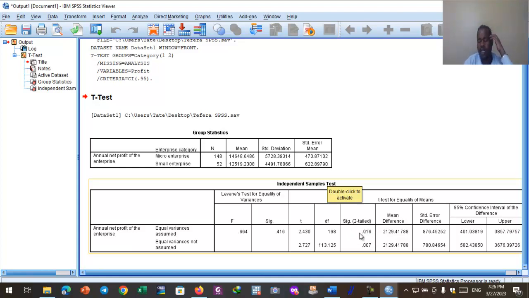We assume implicitly that the significance level, the alpha value, is 0.05, and because the two-tailed p-value is less than the alpha value, we say that the difference between the two groups, the micro and the small enterprises, in terms of average annual profit is statistically significantly different.